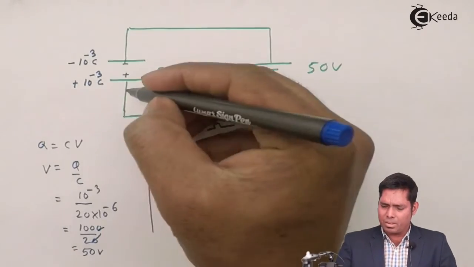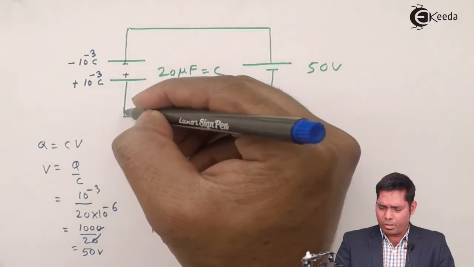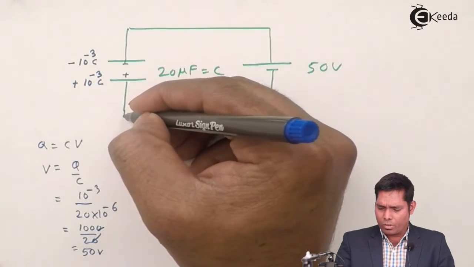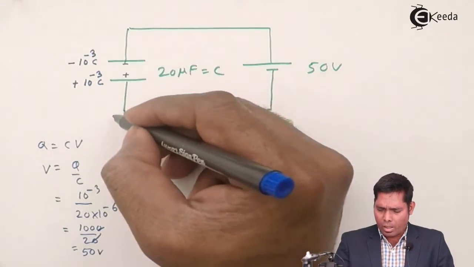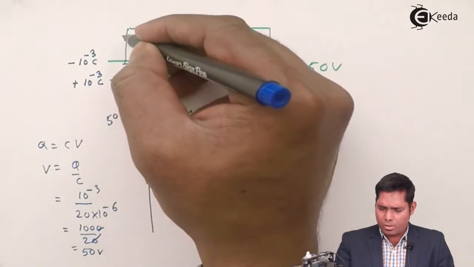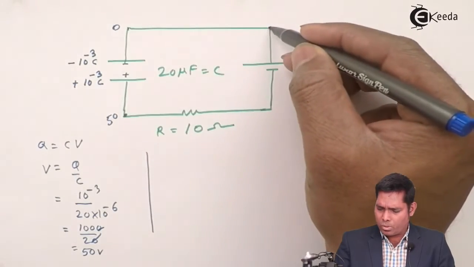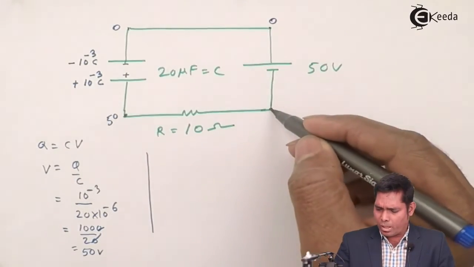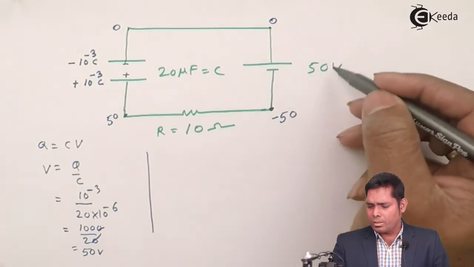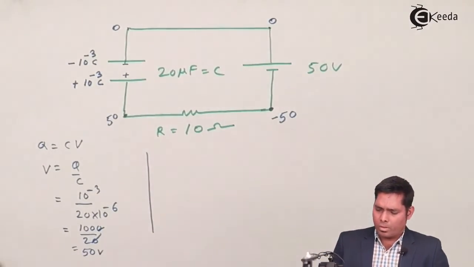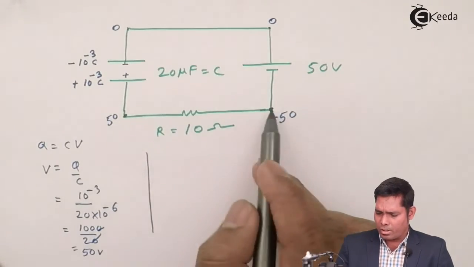But this time, 50 here is higher. So it is 50 here and 0 here. If I make this 0, then I have to make it minus 50, because this is higher by 50. So the difference here is 100.